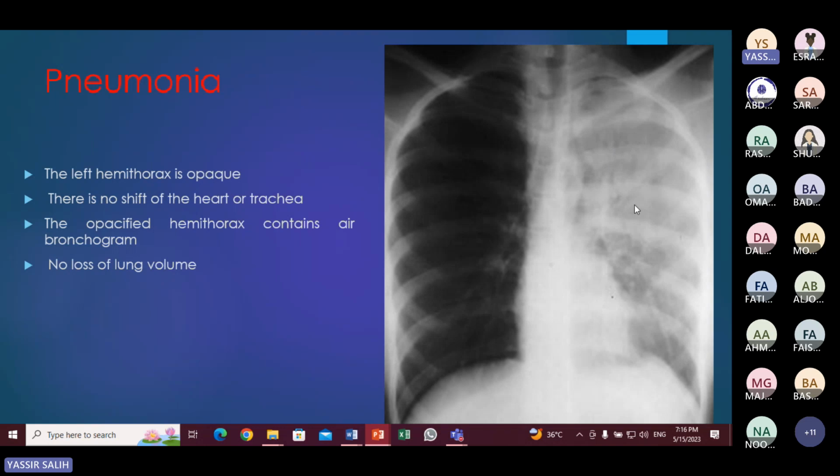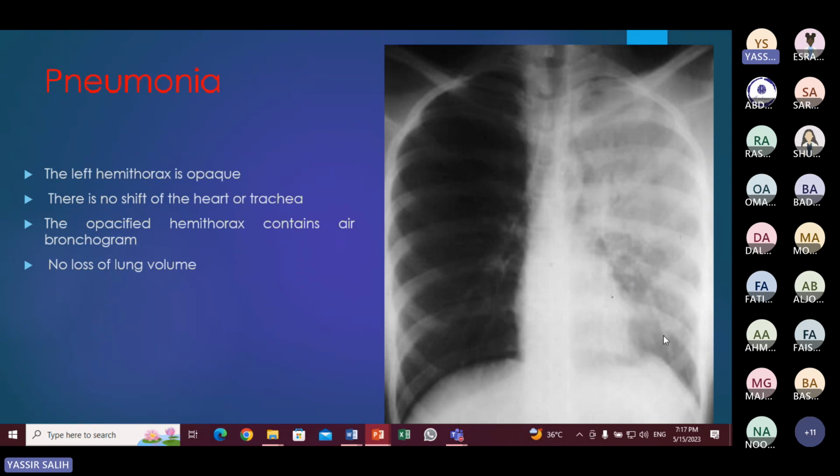And there is no deviation of the mediastinum and the heart, يعني the mediastinum and heart in their place.